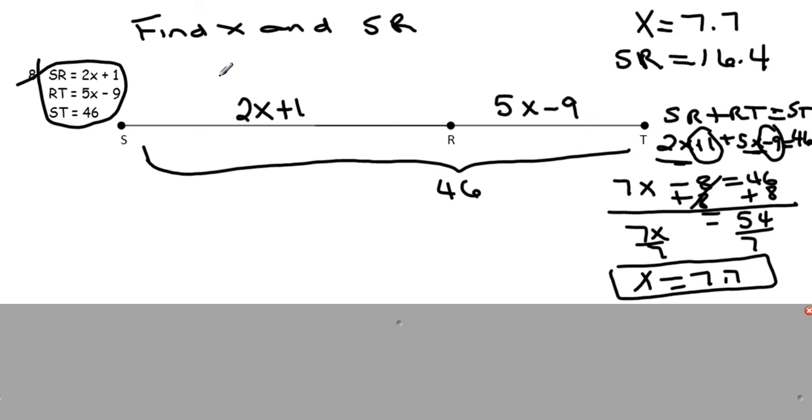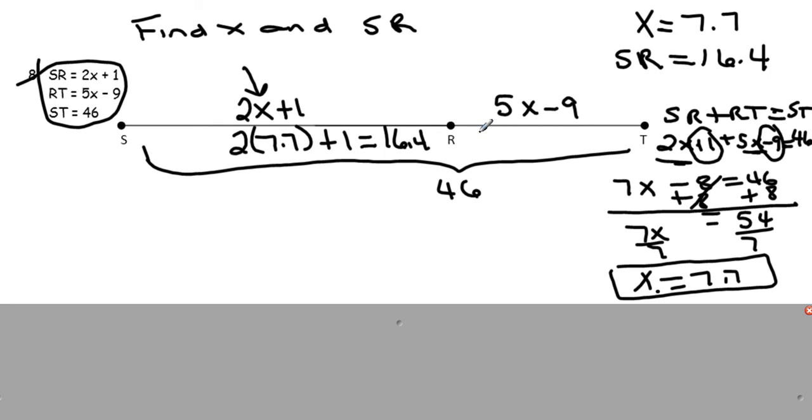Now we're going to come back here, and it said to find SR. So we're going to take that x equals 7.7, and we're going to plug it into here. 2 times 7.7 plus 1 is about 16.4. But remember, I also want to check here to make sure that I did the solving right, because I should be able to plug x back into here and here and get 46 for my total sum.